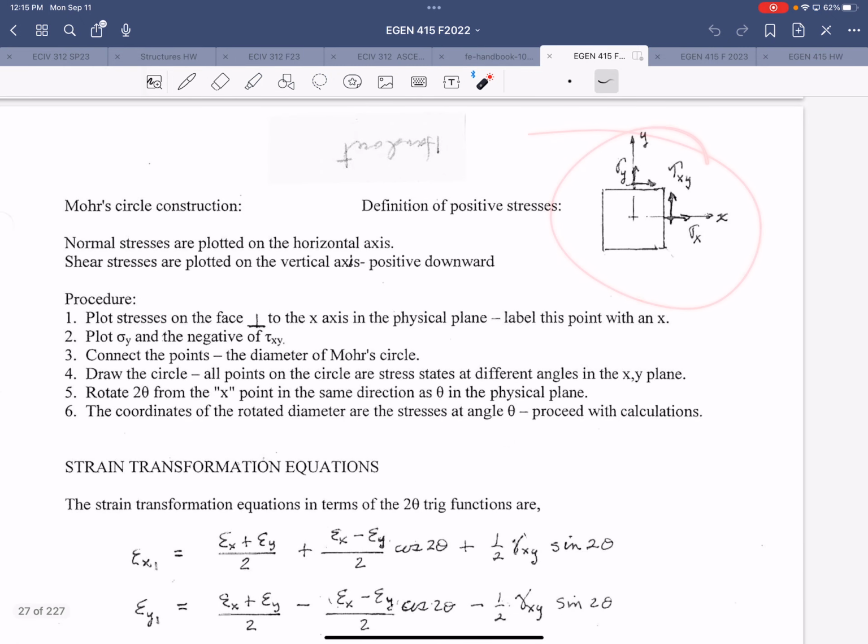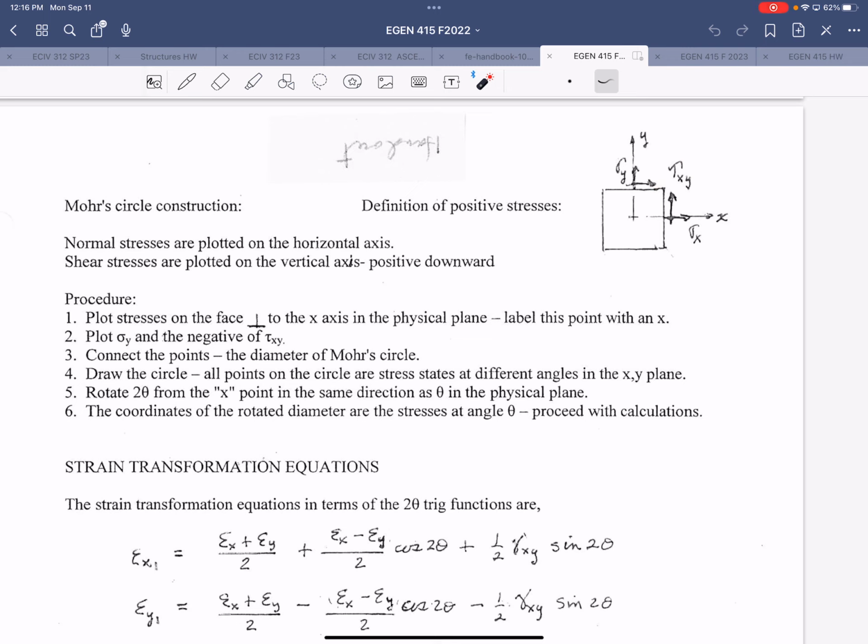Here's the positive stress definition in the context of physical space, and then the procedure summarizes: use the stresses on the face perpendicular to the x-axis, that's the right face, plot your points, and then on the vertical axis shear stresses are positive downward. So again, this is consistent with this. If you were to use this face as your reference point, it would change the sign of the shear stress on Mohr's circle, right?